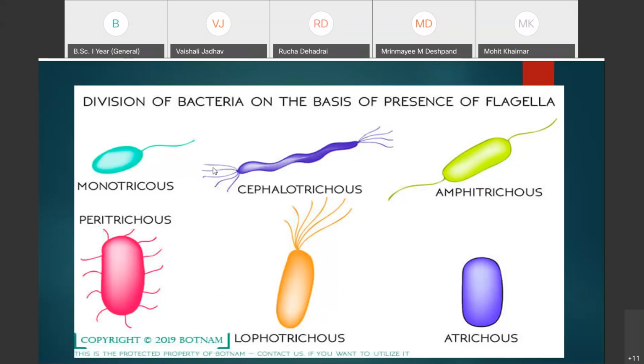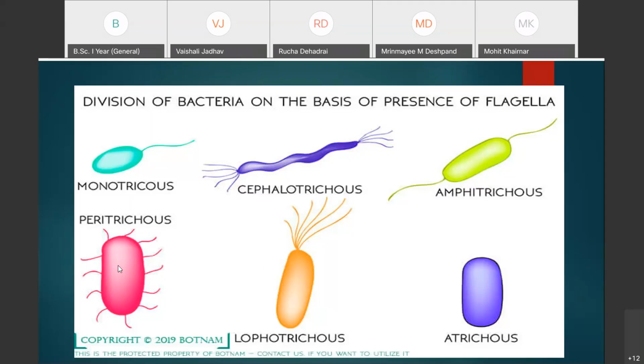Okay, in the trichous type of bacteria, consider the number of flagella. Here you can see they may be present singly, or in groups. They may be present at one end, or at the two poles of the bacterial cell, or on the entire surface of the bacterial cell.